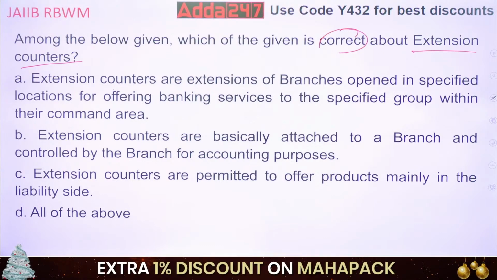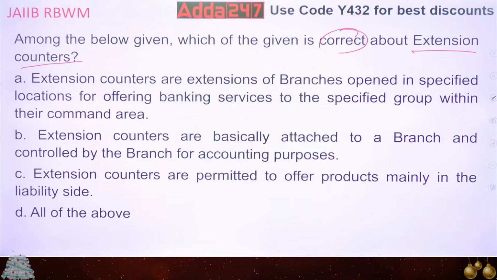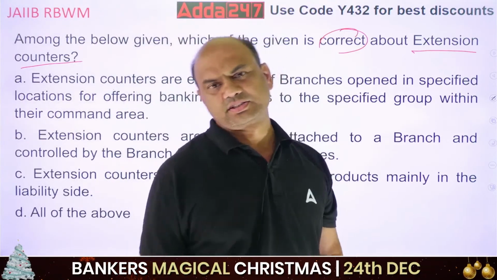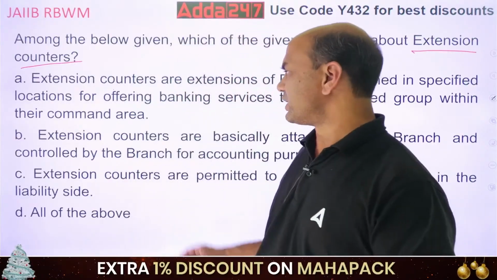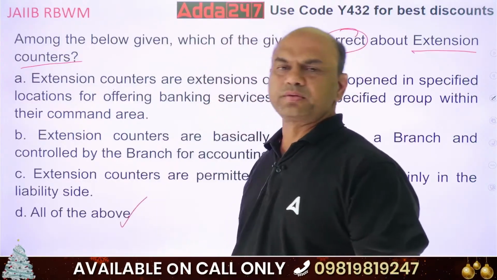Extension counters are permitted to offer products mainly on the liability side. See this, what did I say? Liability side, deposits. So extension counters focus mainly on deposits. So what is the answer? The answer is all of the above.